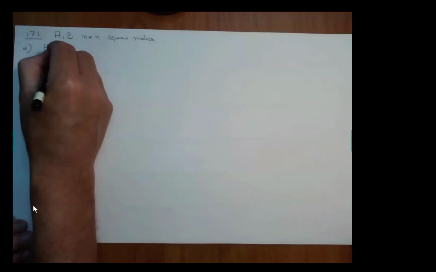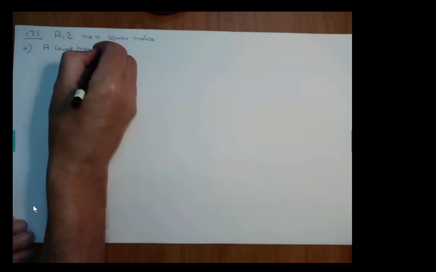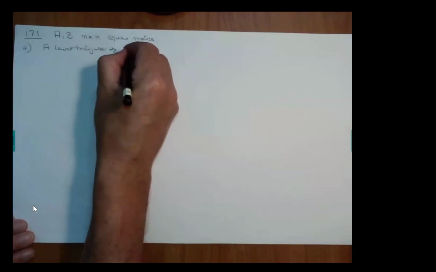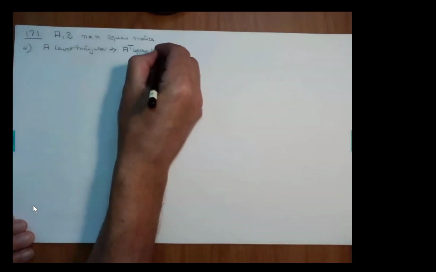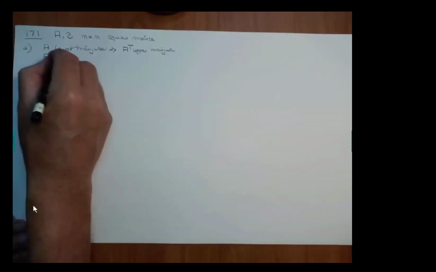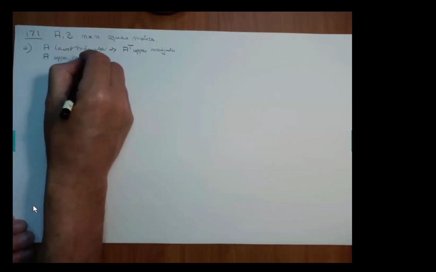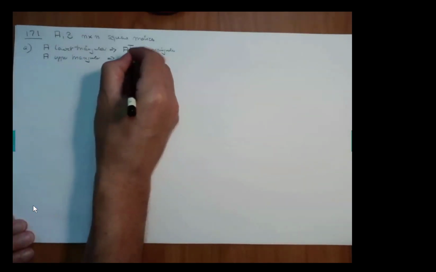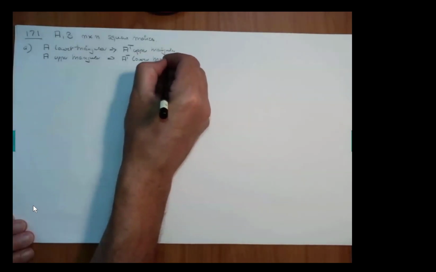A lower triangular implies A transposed is upper triangular. Same thing, if A is upper triangular, then A transposed is lower triangular.